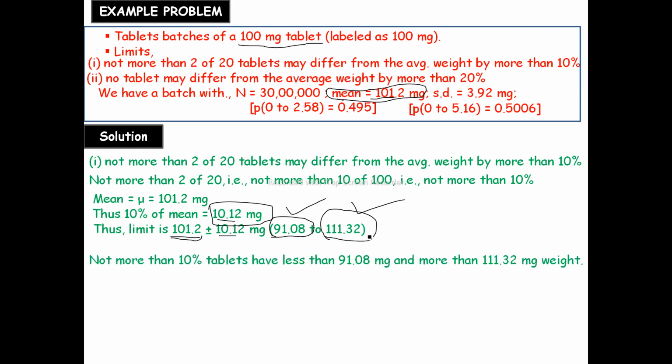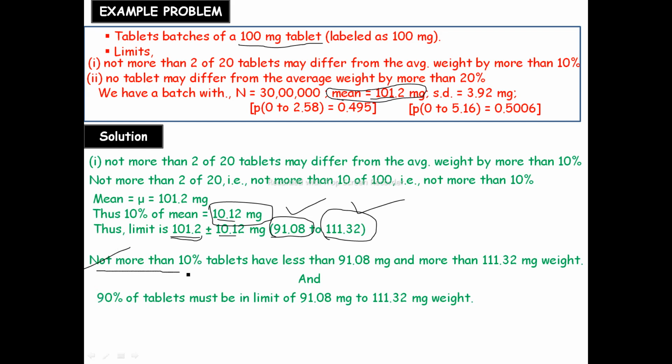Not more than 10% of tablets should have weight less than 91.08 mg or more than 111.32 mg, and 90% of the tablets should be within the limit. 90% of the tablets should have weight more than 91 and less than 111. Just 10% of the tablets have the freedom that their weight can be less than 91 or more than 111. I hope you people understood this with the help of these two sentences.